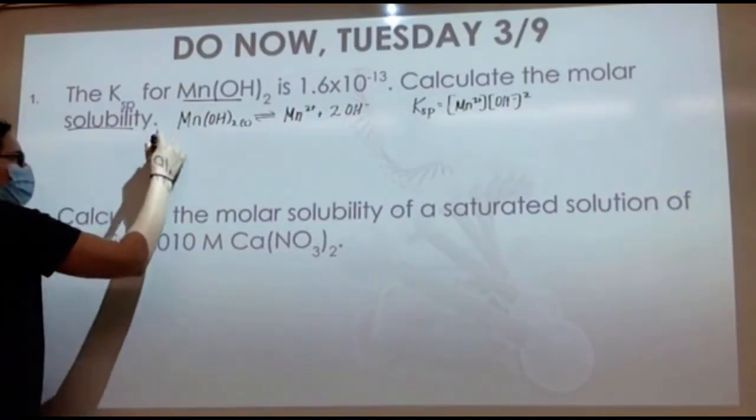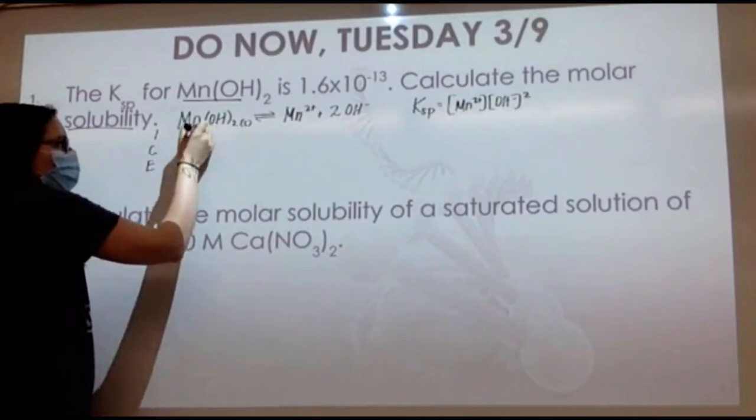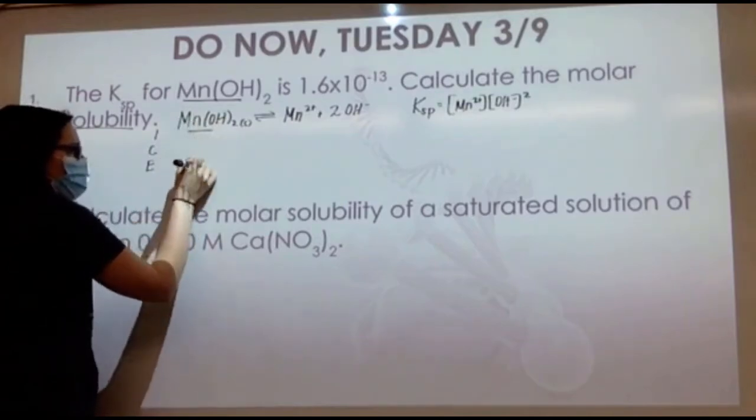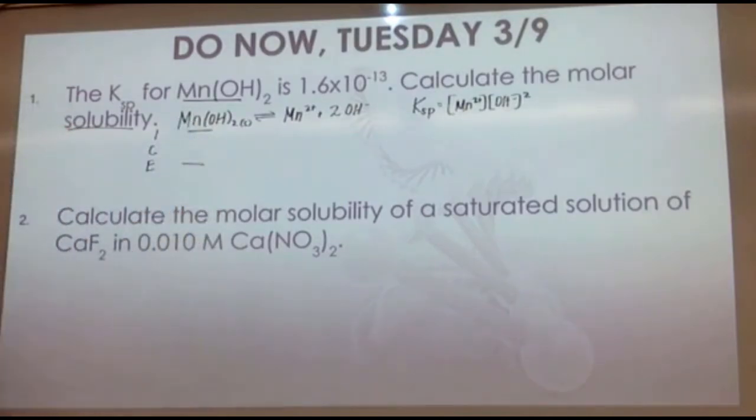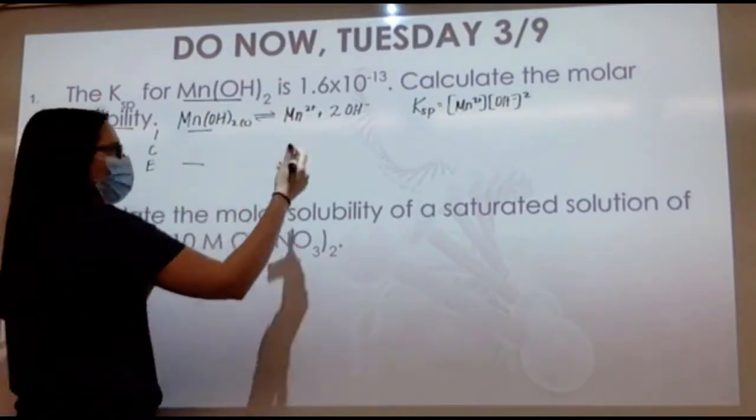Anything at equilibrium, any calculations, we'll set up an ice table. Remember that for the solid, it doesn't really matter how much you start with and how much you end with. You can write some, you can put a line through it, you can put an X through it. What we are focused on really are the ions.